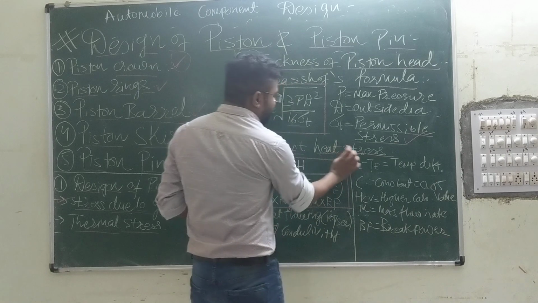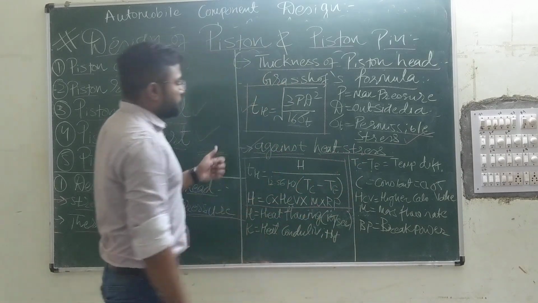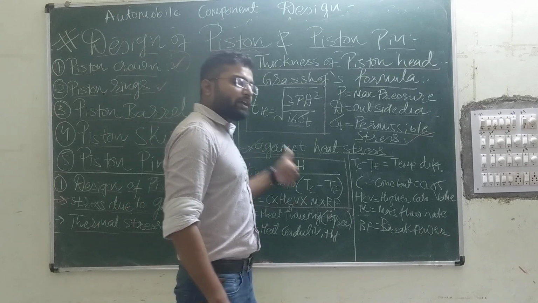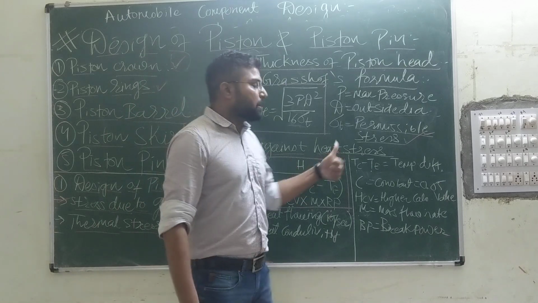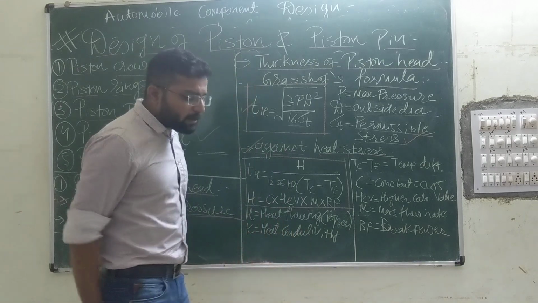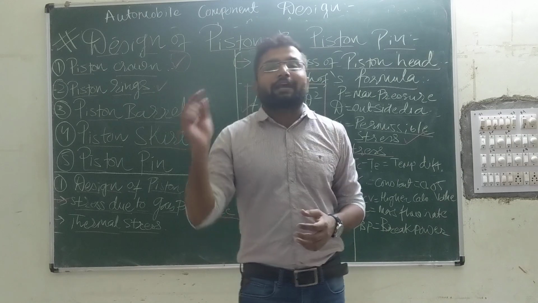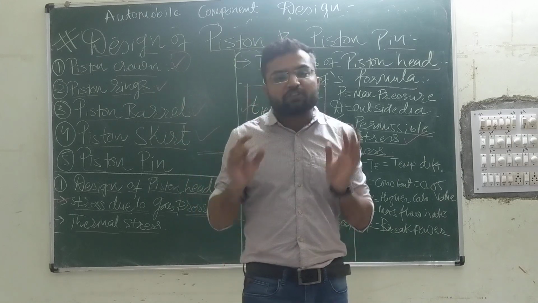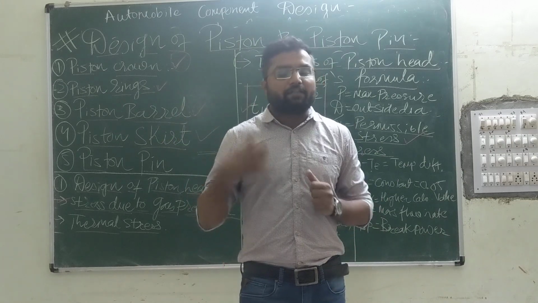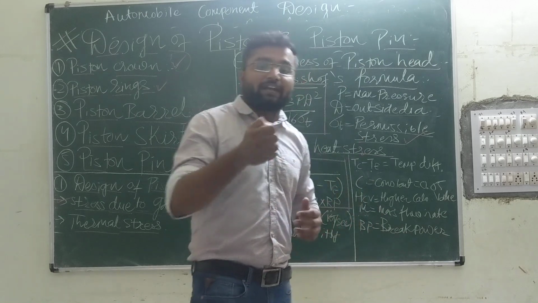First of all, let me explain this. This is the piston head thickness depending upon heat stress, or for a heat transfer rate, because the piston material should be competent enough to transfer sufficient heat after each and every stroke. So my major criterion should be good heat transfer.